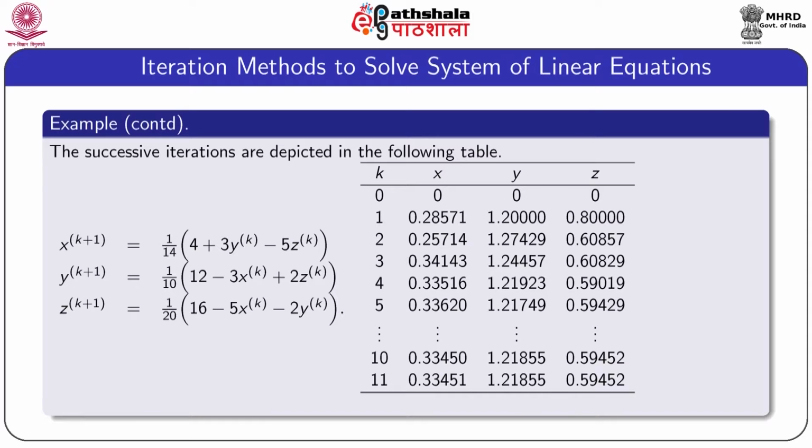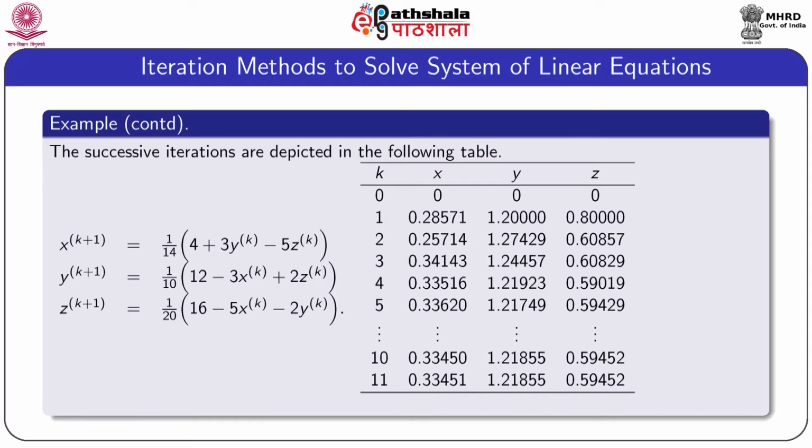The left hand side represents the iteration scheme, and the right hand table gives the approximate values at the first iteration, second iteration, up to the 11th iteration. Note that the 10th iteration and 11th iteration, that means the last two rows, are almost the same.